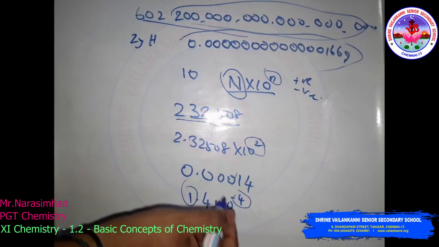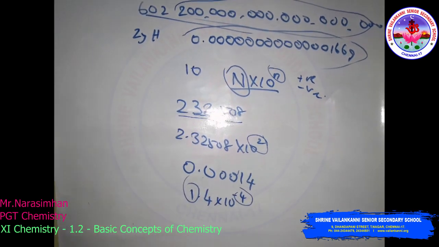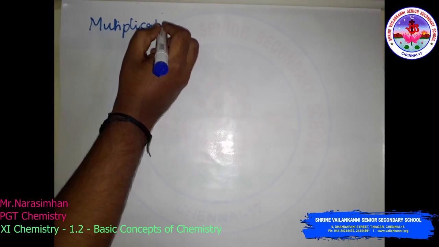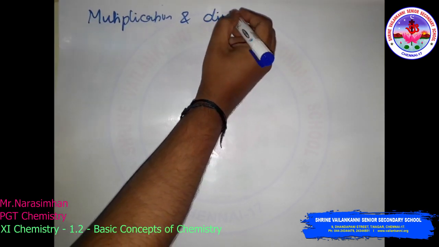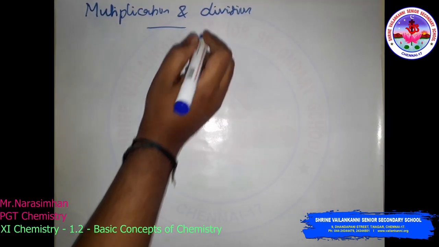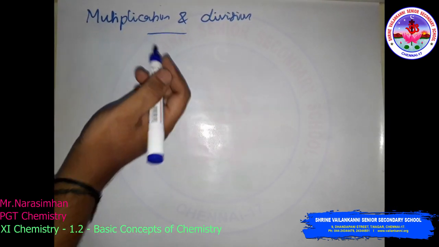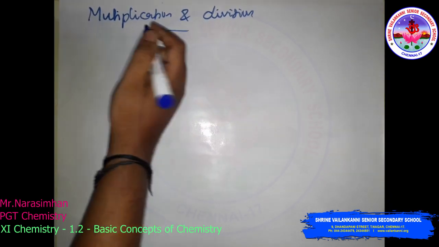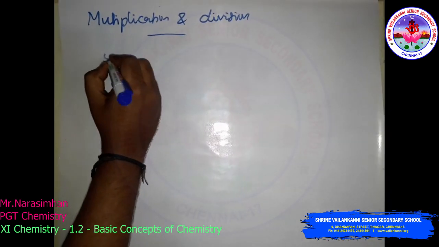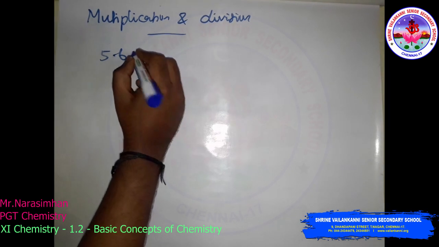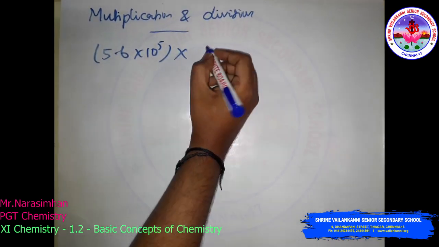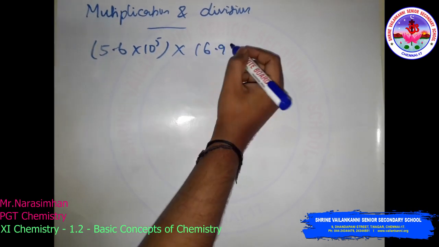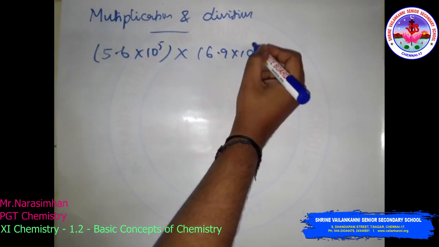Next is multiplication and division. These two operations follow the same rule. For example, 5.6 times 10 power 5 multiplied by 6.9 times 10 power 8.